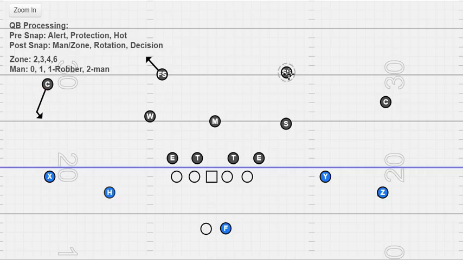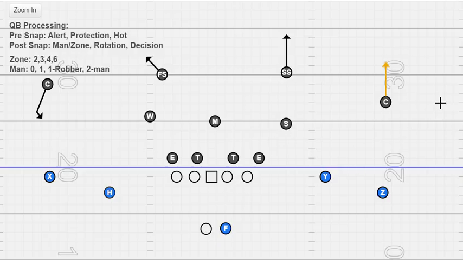And now this side is going to have that quarter of the field, and then this player has this quarter of the field. So teams might do this if they have a great boundary corner that's good against the run, and he's not good in coverage. He's going to come up and be a run guy on the weak side. That's a possibility. Maybe you've got a cornerback out here who's super wicked fast and does a great job of sitting deep and then jumping things.